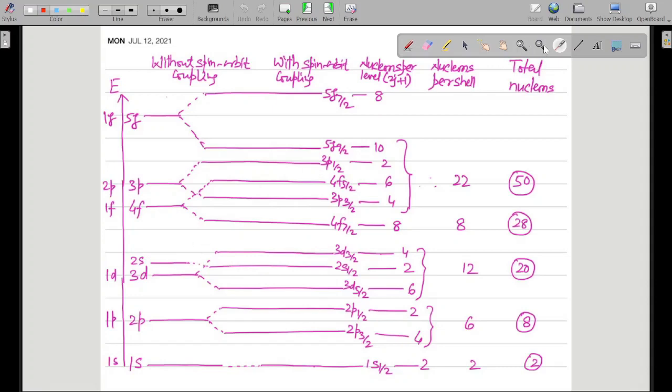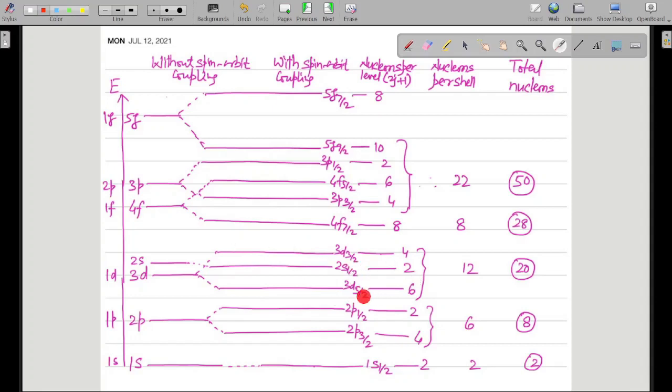Now how to remember that this s lies between these d's? You have to remember it through practice. So s will not split again, because for s, l equals 0, so it will have only one value, half.